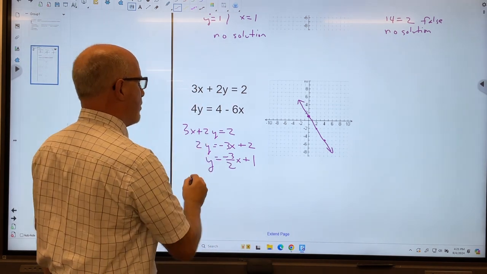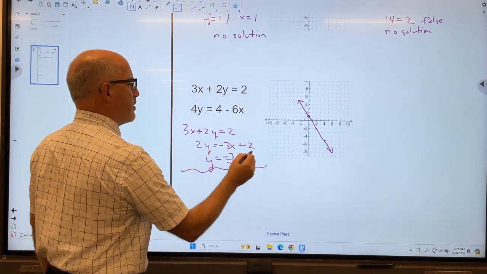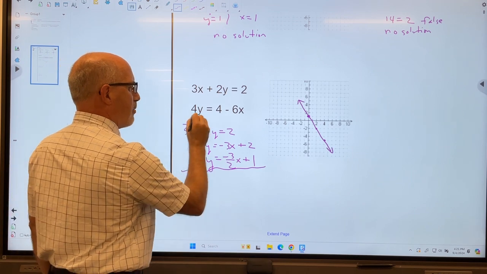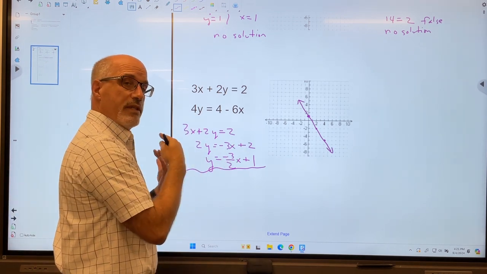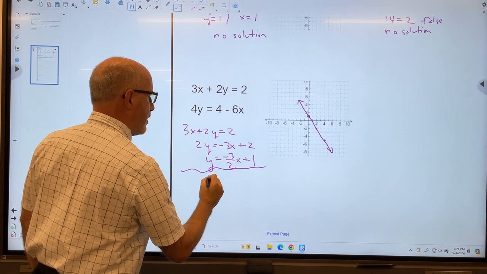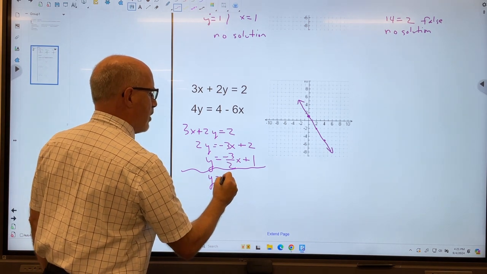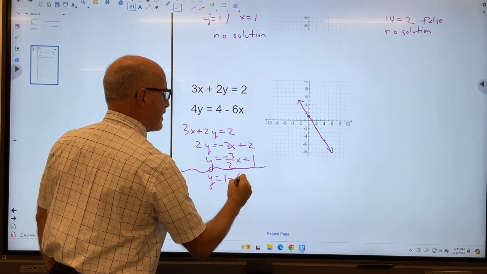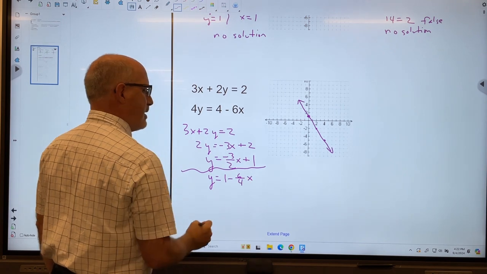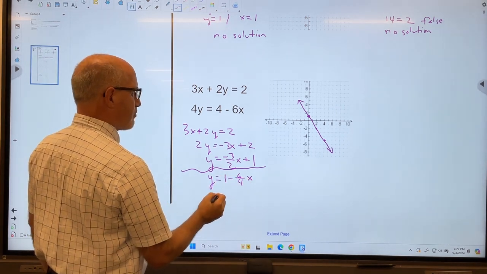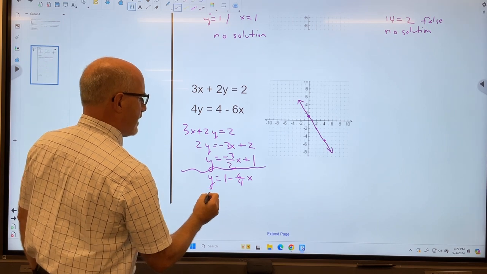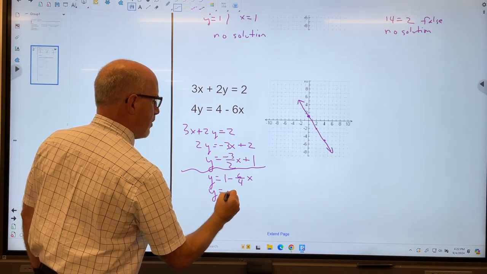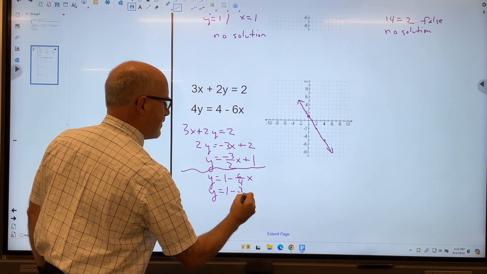Okay, let's do the second one. Get it into slope-intercept form also. I've already got the y on one side, so I'm going to divide everything by 4. So y equals 1 minus 6/4 x. Now I'm going to simplify that, and I'm going to have y equals 1 minus 3 halves x.